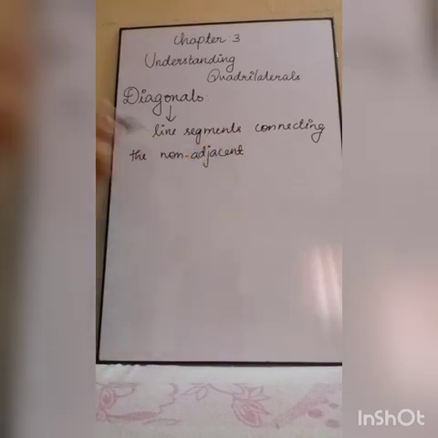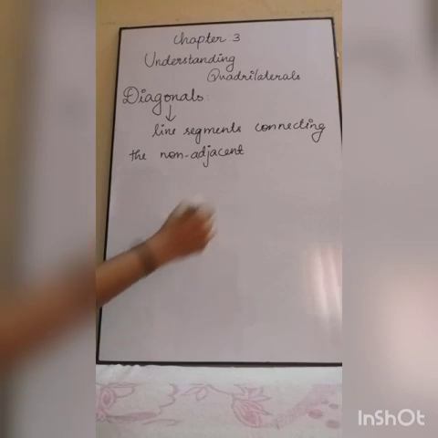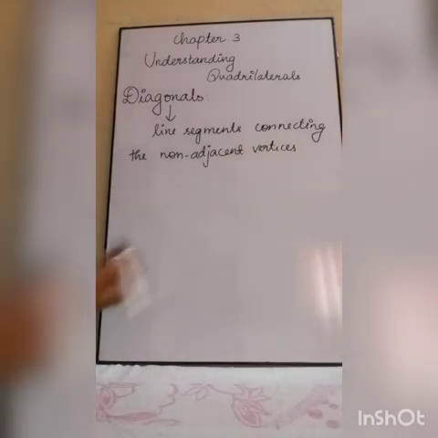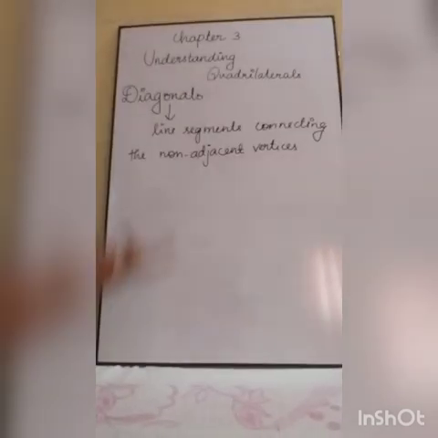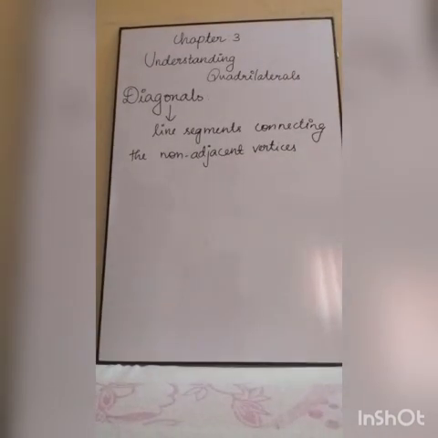In the book they have given the definition as non-consecutive vertices, but here I am just saying non-adjacent vertices. I will explain why. It is a line segment connecting the non-adjacent vertices.